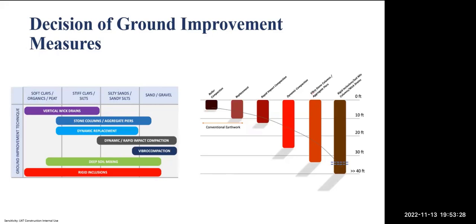For example, below 40 feet depth, we can provide the wick drain, we can provide the soil mixed column, sometimes we call it SMC. We cannot provide roller compaction below 4 feet depth, and we cannot provide soil replacement below 40 feet depth. So this kind of decision-making process we will discuss through different charts, and different blueprints will be shared in this course.